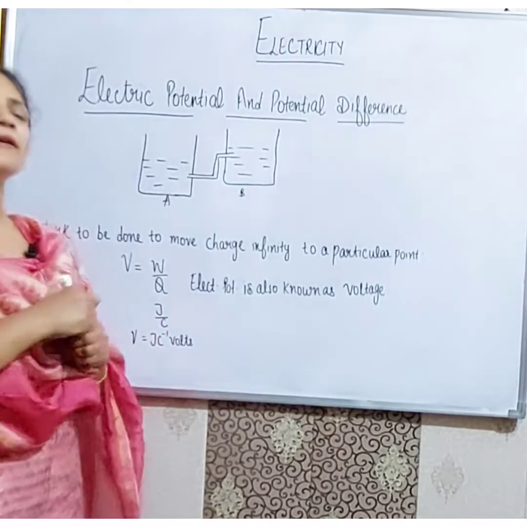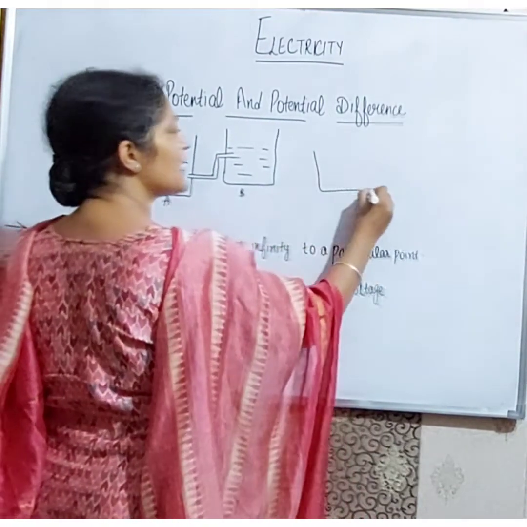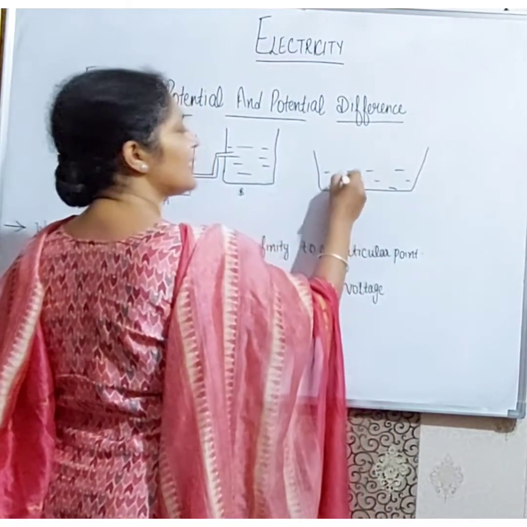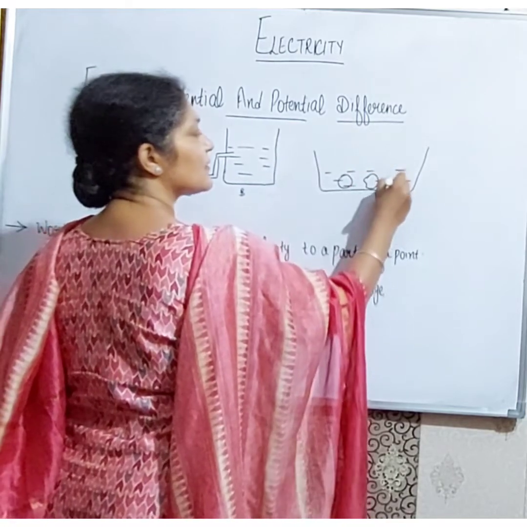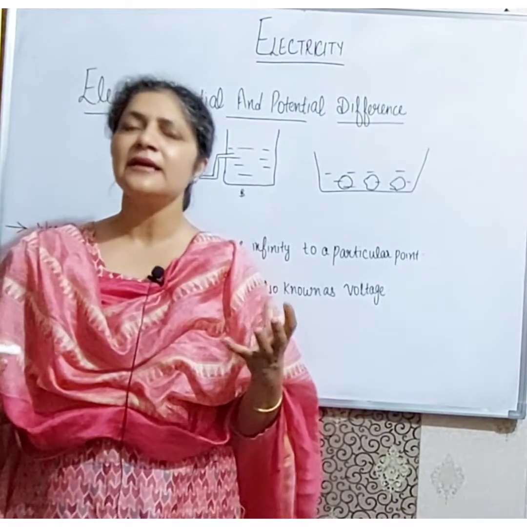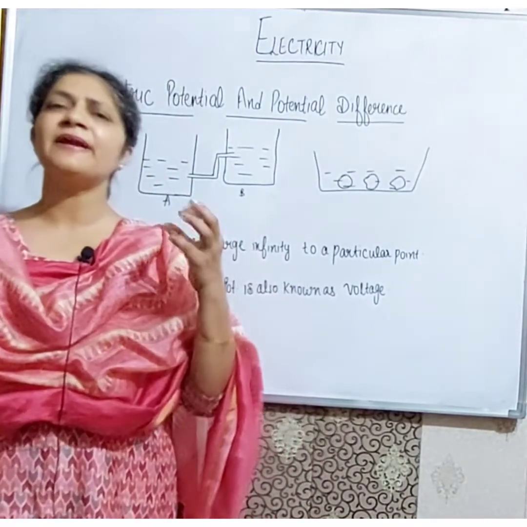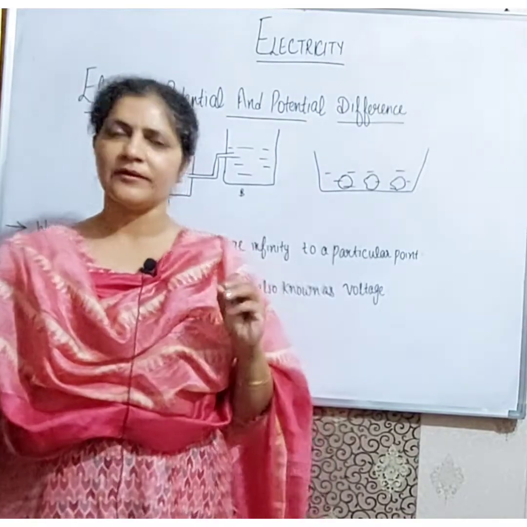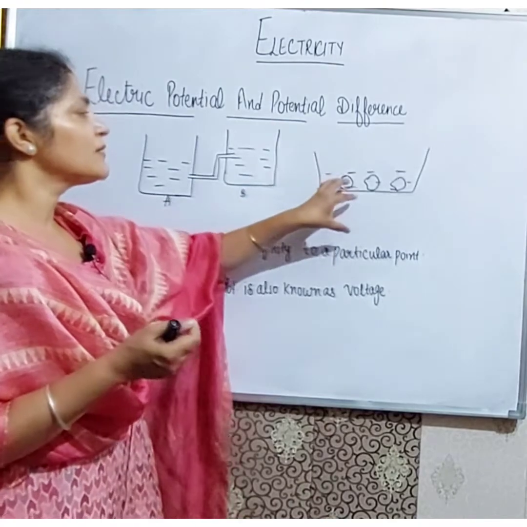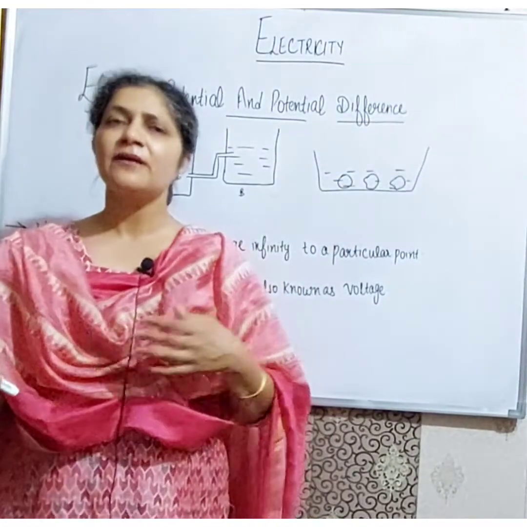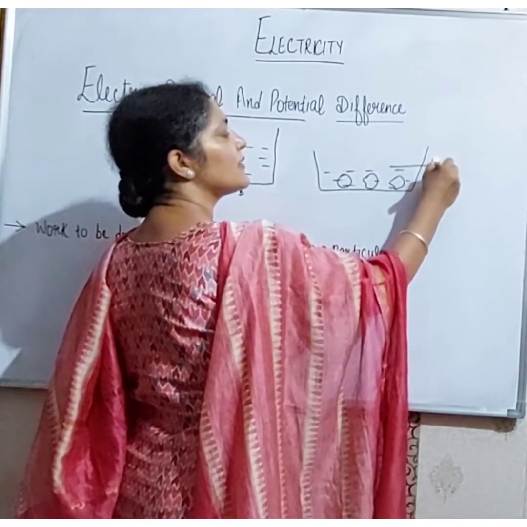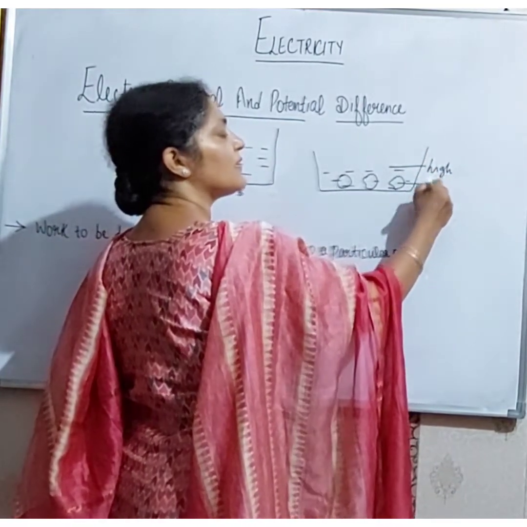We can also take another example. Suppose I have one jar in which I have put water and some raisins, right students? After a few minutes you will see that the raisins will be bigger in size, they will be swollen. Why? Because water from this jar will come into these raisins, because outside the raisins the water concentration is very high and inside the raisins it is very, very low.